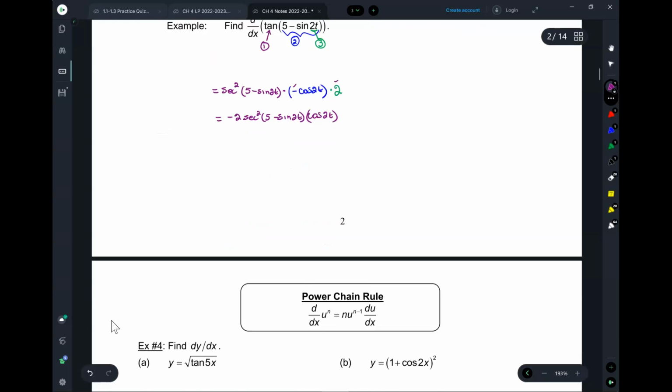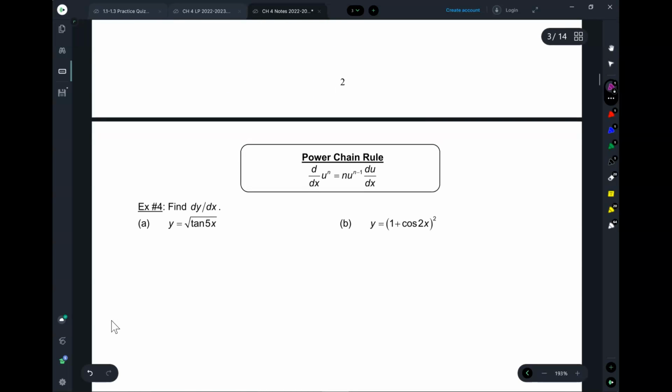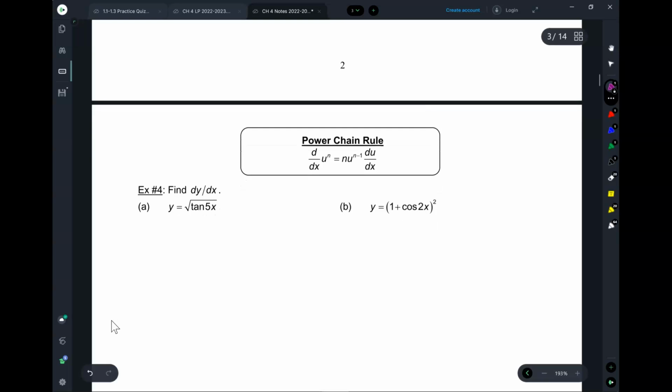Wasn't that super fun? Okay, let's do another one. What if you have an exponent? Power rules. Again, we're just going to work a little bit more with exponents. So example 4, part A: y equals the square root of tangent 5x.